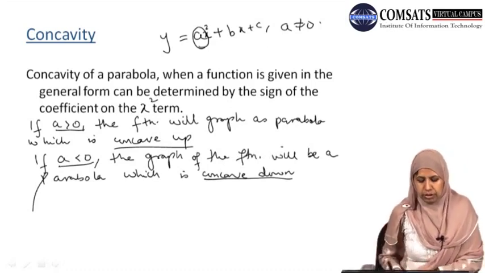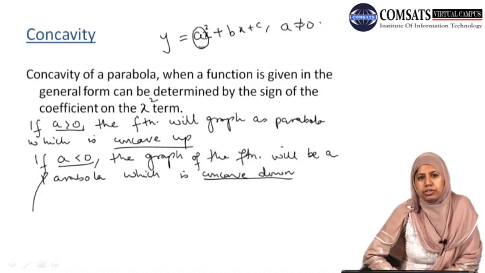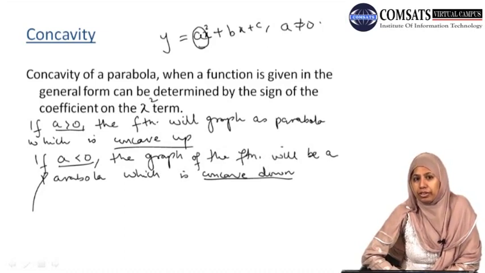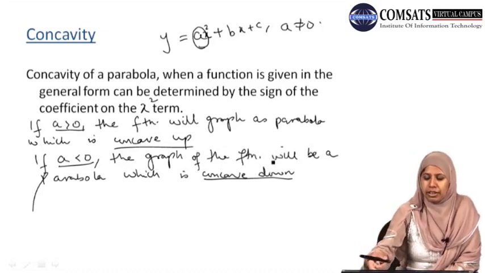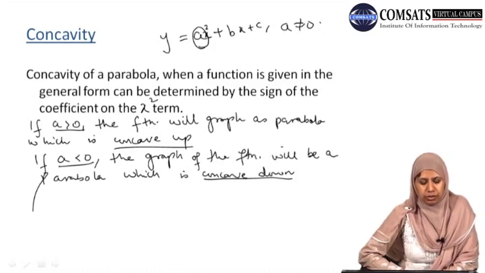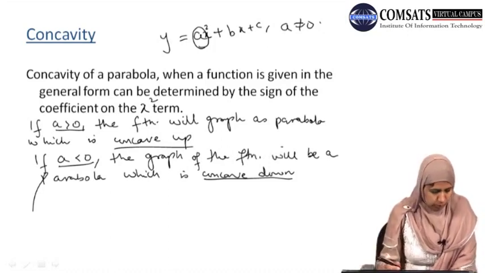Okay, and what happens when a is equal to 0? Then the given function will not be a quadratic function. See, here I have written a is different from 0. A equal to 0 is not allowed.